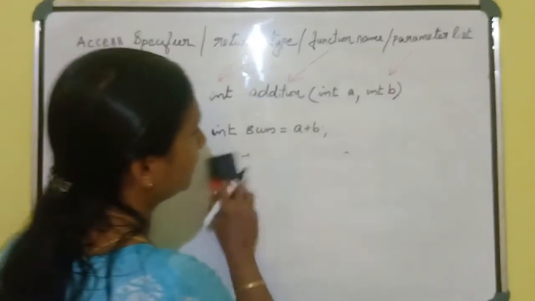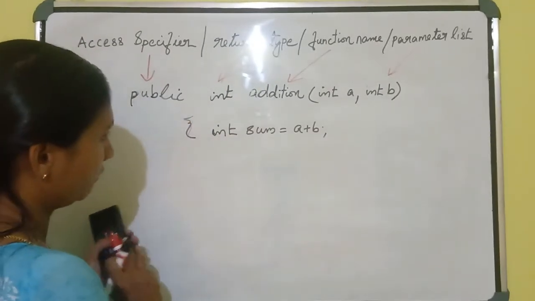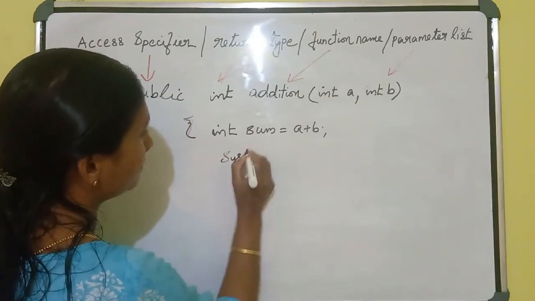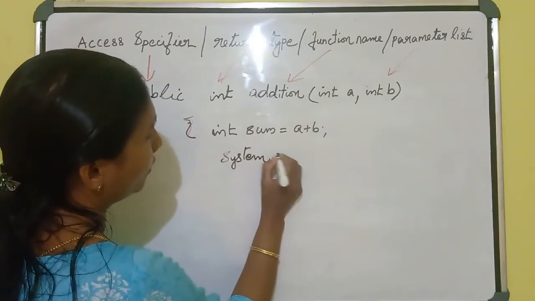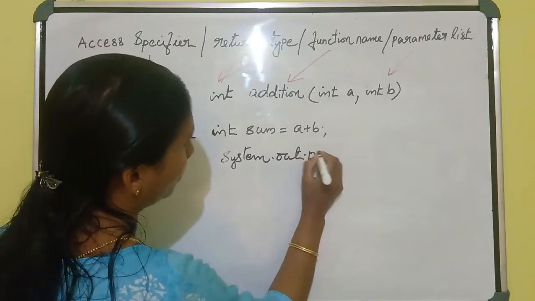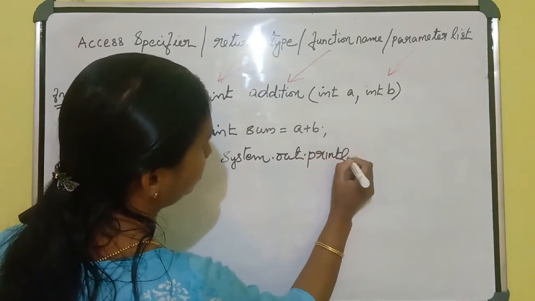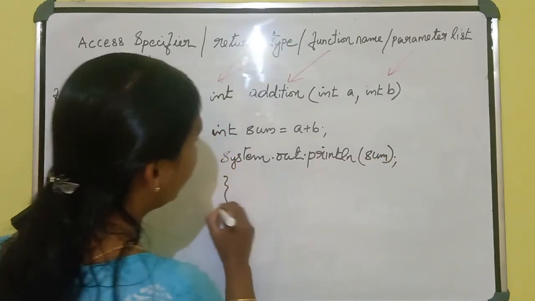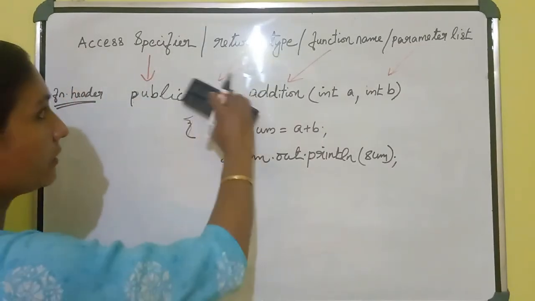And if you are not giving this one, if you want to print this outcome, we usually give System.out.println statement. Then if there is no return keyword, what do we give in this part?